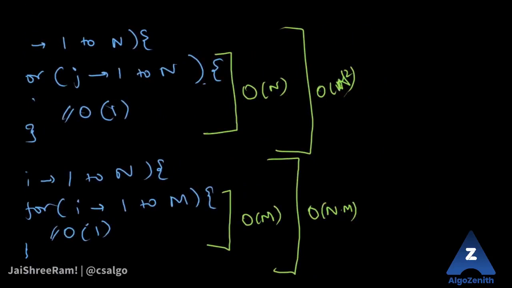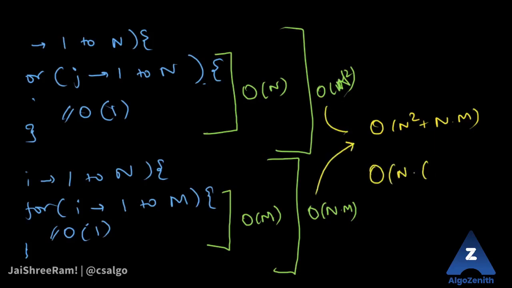Your final complexity will be nothing but order n square plus n into m, right? This is something like what we are doing over here. So it will be some constant times this plus lower order terms, constant times this plus lower order terms. So you can write the sum of these two in this form, or also you can write order of n times n plus m.